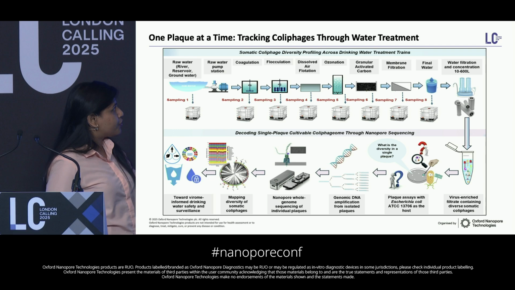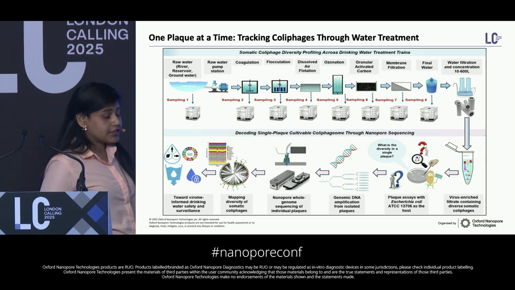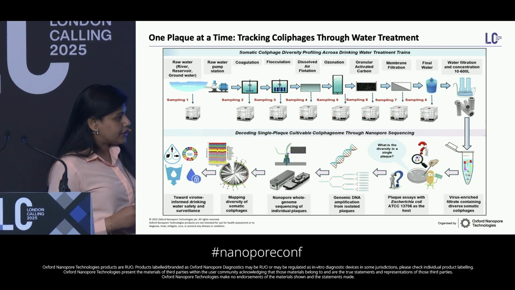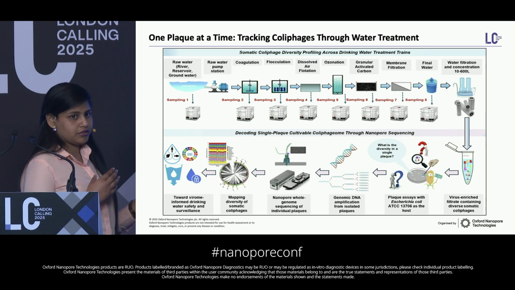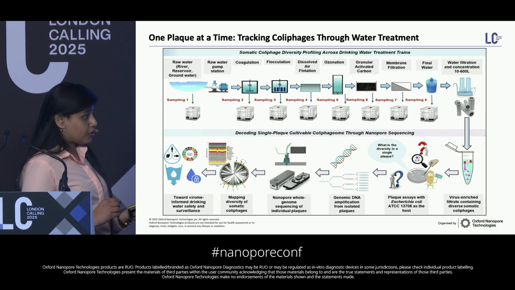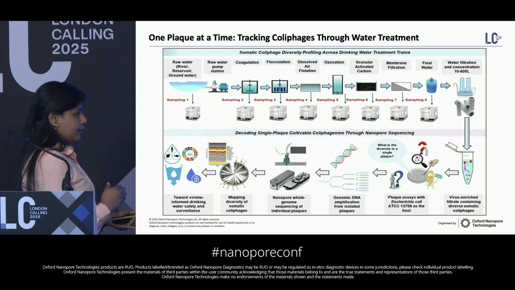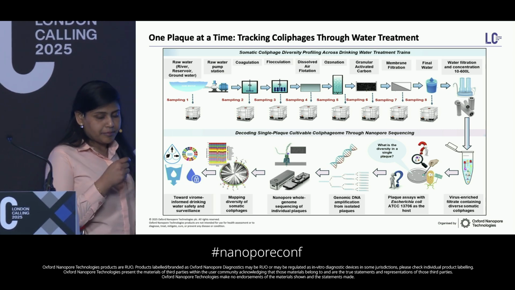Right from the raw water through the reservoir and different interstages, we collected from 10 liters to 600 liters of water. We concentrated that water, and up to 7 to 10 ml remained after the concentration. That concentrate was then used in a double agar overlay method in order to see the plaques that develop.